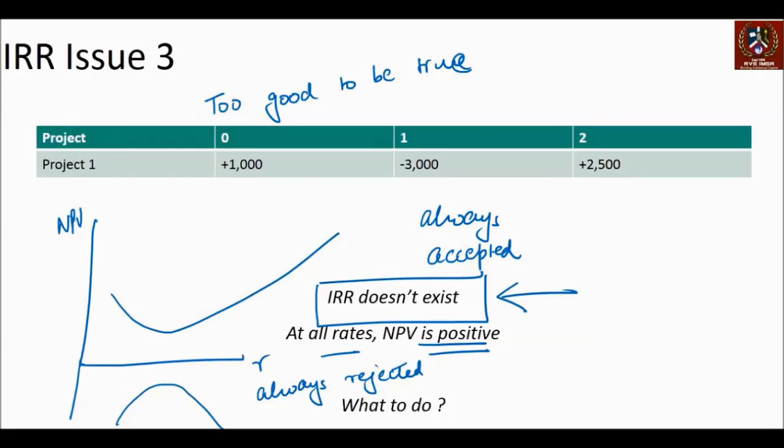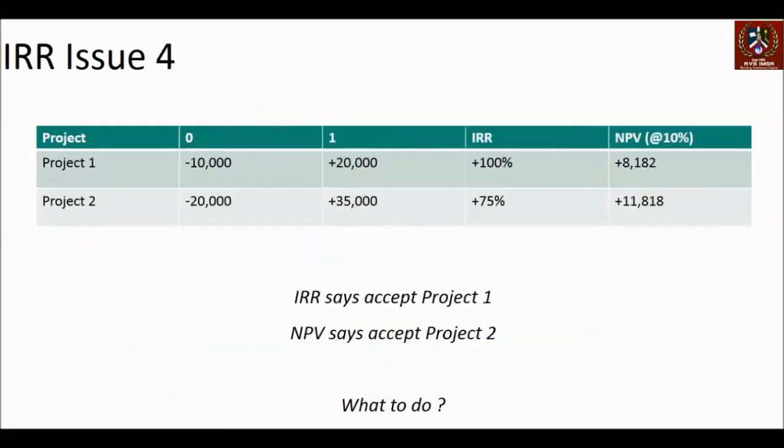So in all these cases, whenever you're in doubt, you should follow the NPV rule as your primary rule. Let's move ahead and look at one of the final issues with IRR, which is a tricky issue that comes up. So far, the discussion was straightforward in the sense that one said reject a project, the second said accept a project.